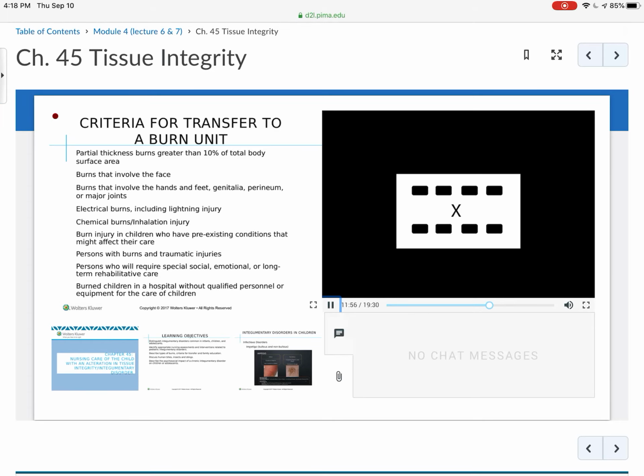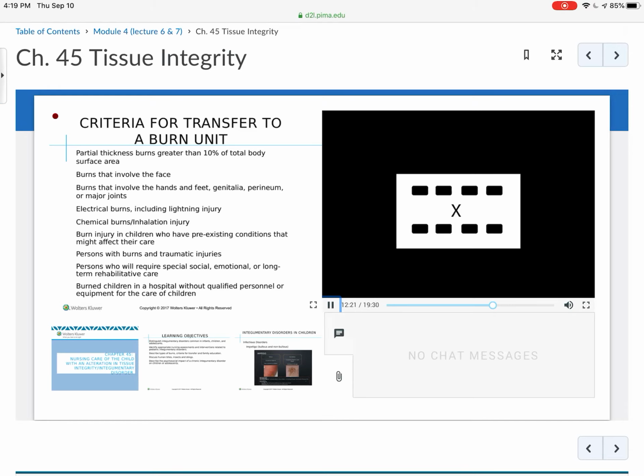Any burns that involve the hands, feet, genitalia, perineum, or major joints are going to be more extensive, and those involve growth and development, especially in kids. Electrical burns can cause a burn on the skin, but also a change in your heart rhythm. Chemical burns and inhalation injuries also qualify.